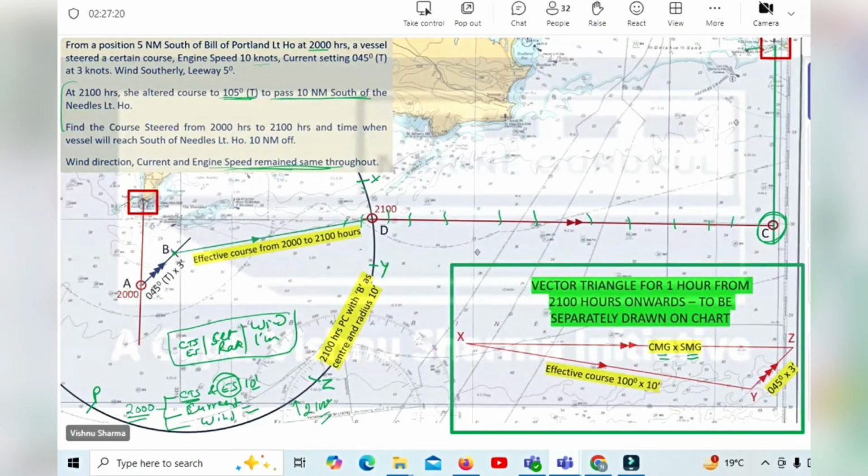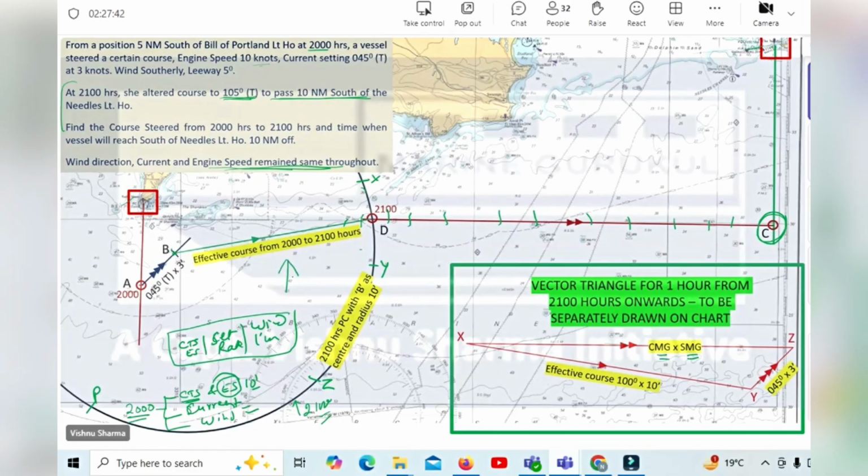If you want CTS, so from effective course, do you counteract wind or allow wind to get CTS? From effective course to CTS is counteracting wind or allowing wind? Counteracting. So you'll go into the wind. Wind is southerly.